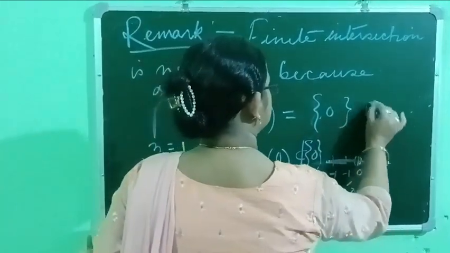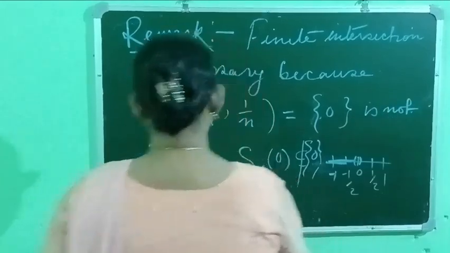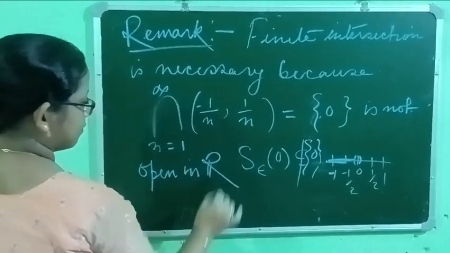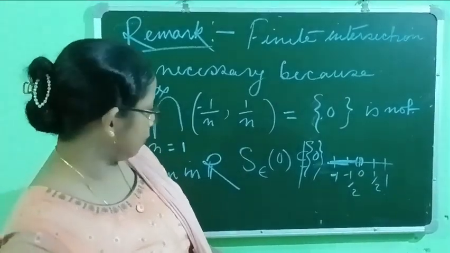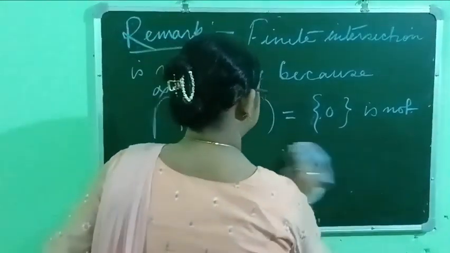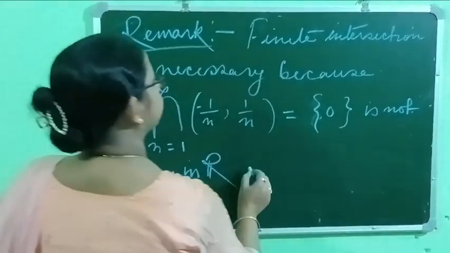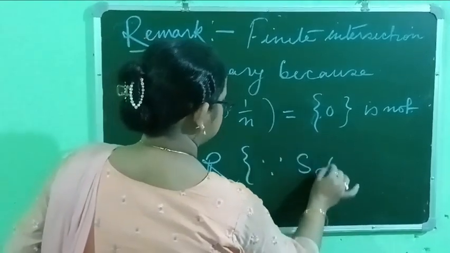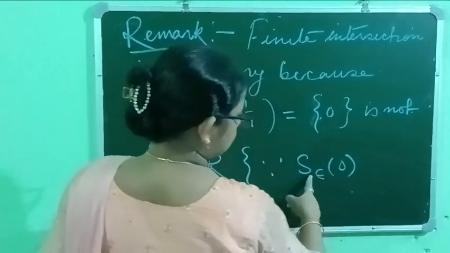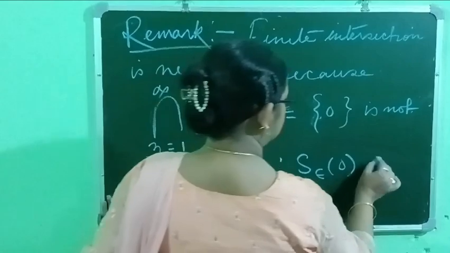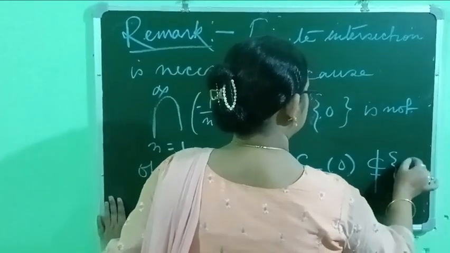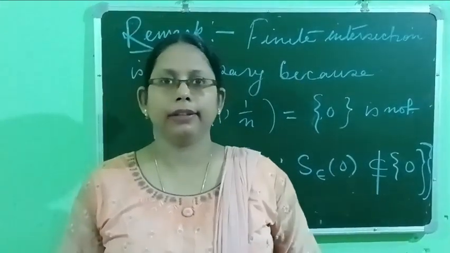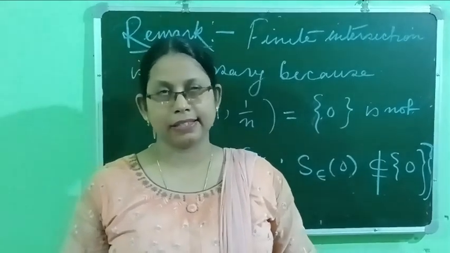This set is not open in the set of real numbers, because the open sphere with center at 0 and radius epsilon is not contained in the singleton. With that, I would like to conclude. Remaining will be in the next lecture. Thank you.